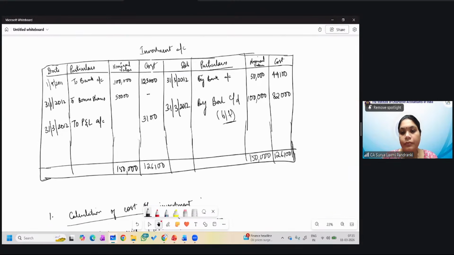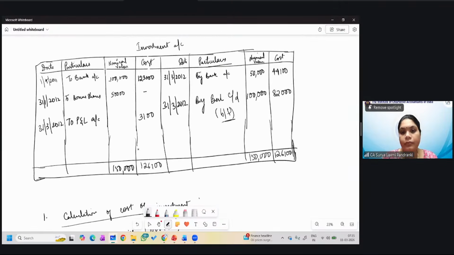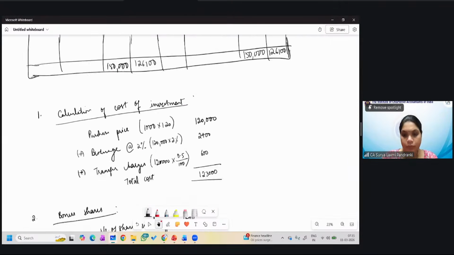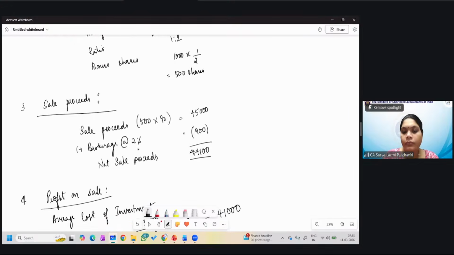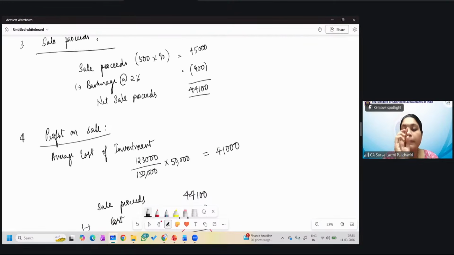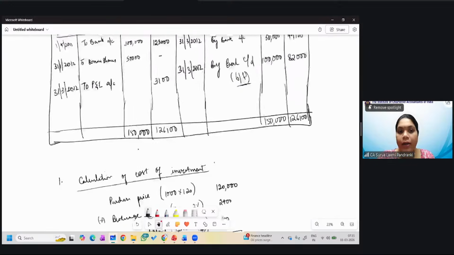Ma'am, could you please explain, while selling the bonus shares, we are also considering cost, right? Ma'am, how does this work out? As it is diluting the shares, that's the reason why we are considering cost, right? We show the cost here in our table.